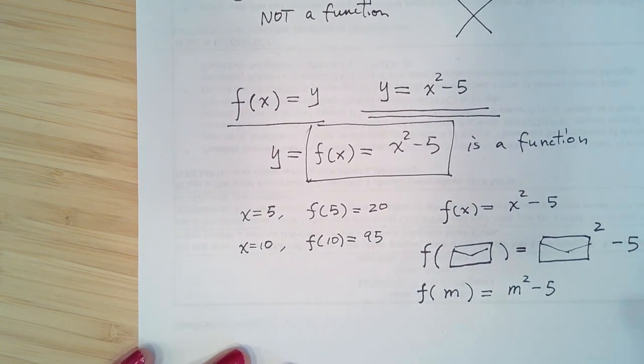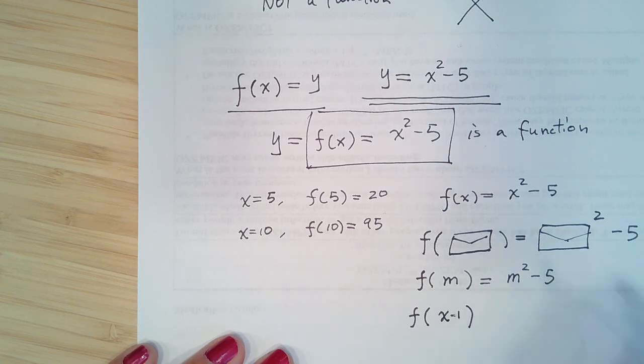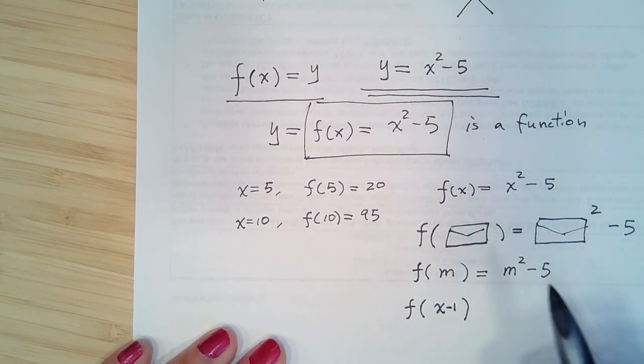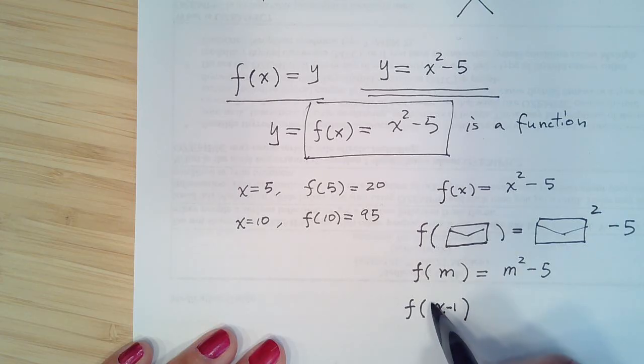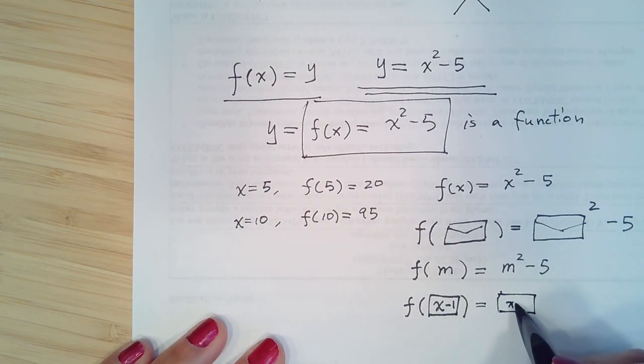That's how it works, okay? Now, if you get this concept, then let me ask you, what is f of x minus 1? This is f of x. We don't know what f of x minus 1 is. So you should treat this as the guy in the envelope. So what you should have is x minus 1, whole thing squared, minus 5.